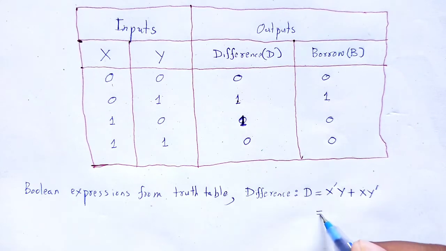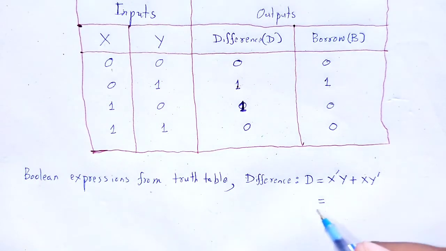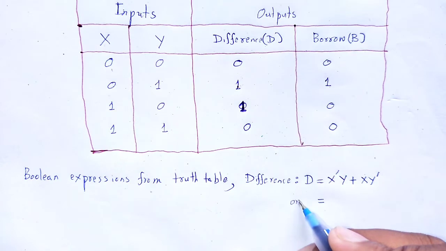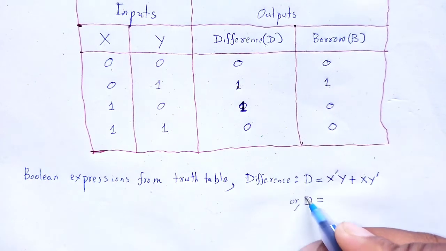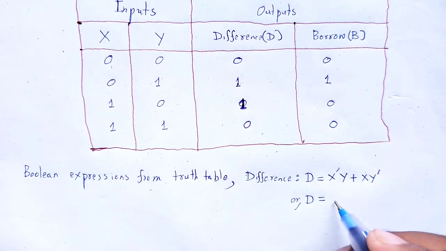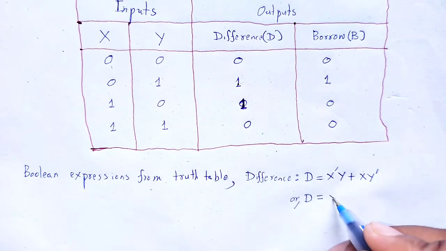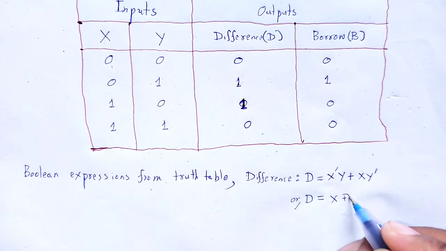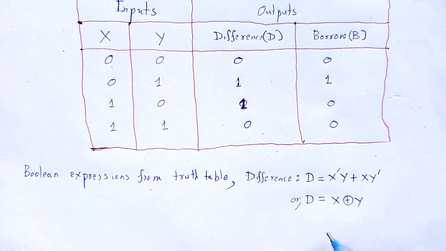So D is x prime y plus x y prime, that is x XOR y.